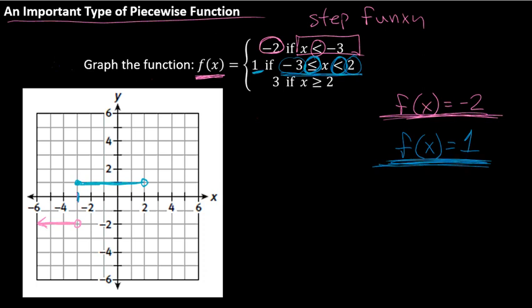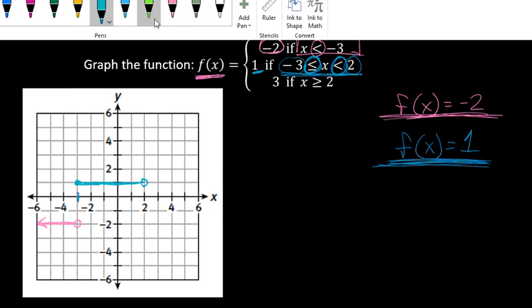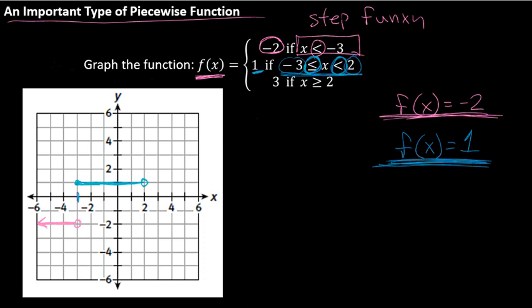Now you can kind of see it's starting to look like a set of stairs, which is why they're called step functions. I'll use red for this next one. So on this last one, f of x equals 3 for this domain restriction, x greater than or equal to 2. So we're looking at 2. x equals 3, and that's going to be a closed circle because of this symbol here, greater than or equal to.